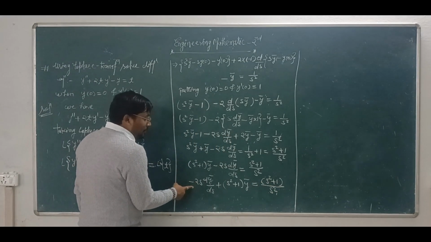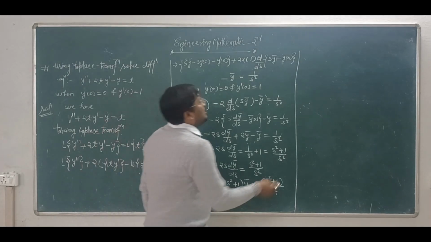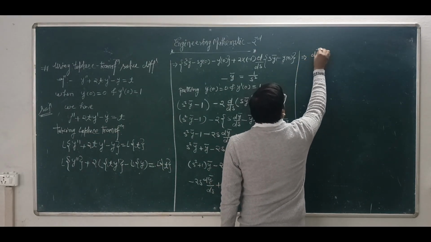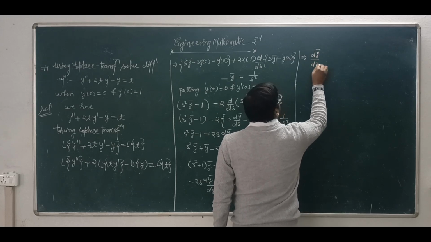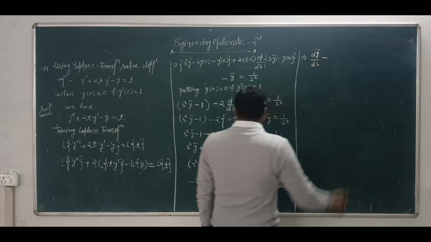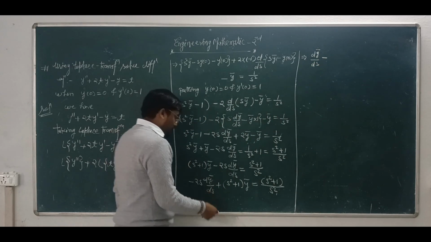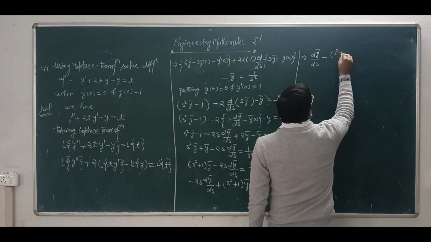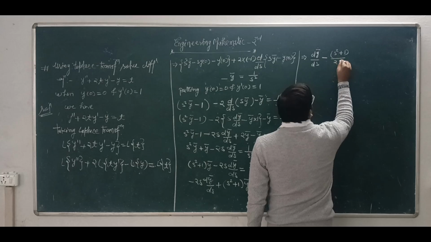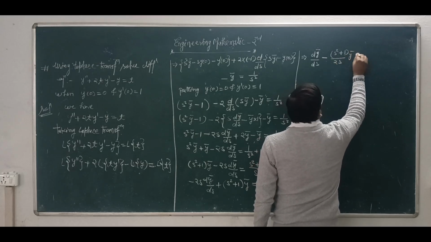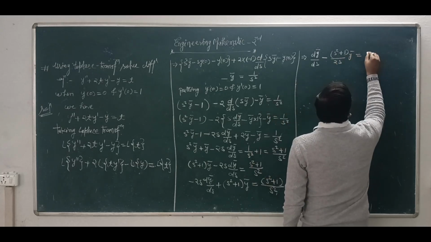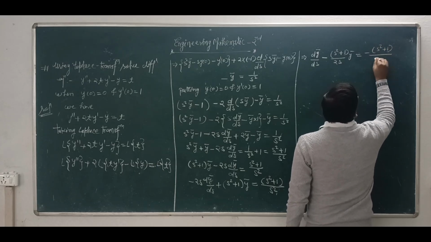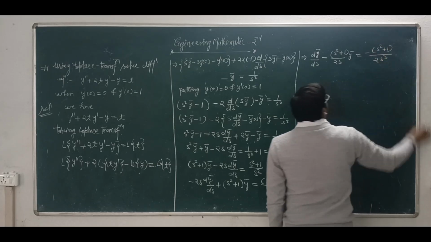Now taking common minus 2s, you can write dy bar upon ds minus s square plus 1 upon 2s y bar is equal to minus s square plus 1 upon 2s cube.